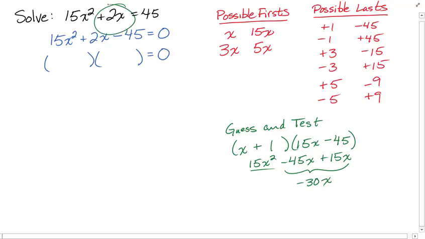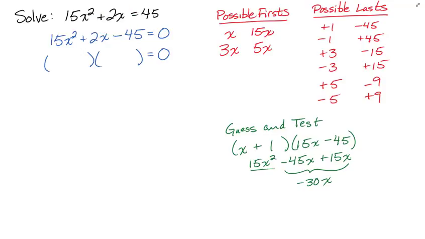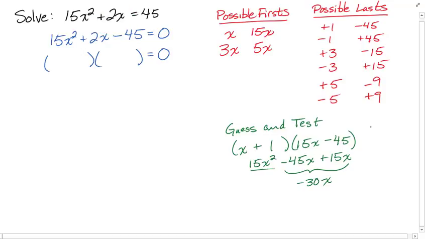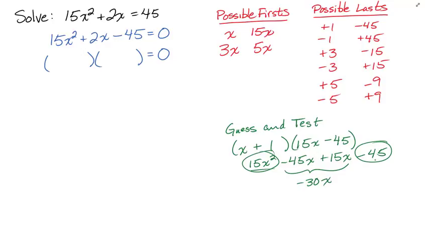We want a plus 2x. But just notice that the last times the last is minus 45. So in reality, the first and the last should always match up, and it's just that middle term that comes from the outer and the inner. So that particular combination doesn't work.